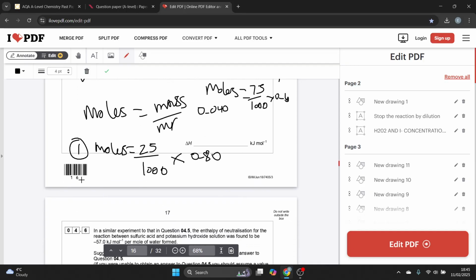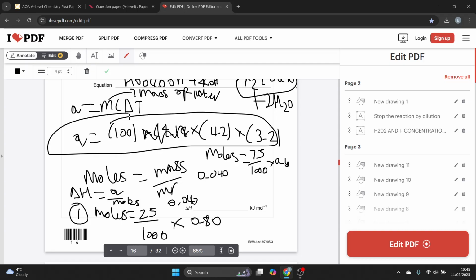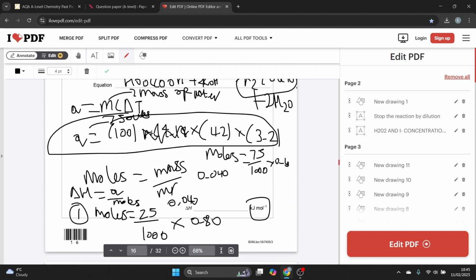Am I done? No. Delta H, and you also need to recall this formula. Delta H is Q divided by moles. I've got the moles, 0.040. I've got Q. But remember, Q is measured in joules, and I want enthalpy change in kilojoules per mole, kJ mol to the minus 1. So whatever I get as Q, I need to divide by 1000.